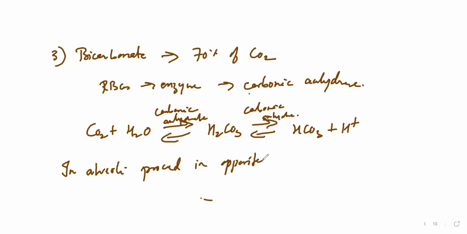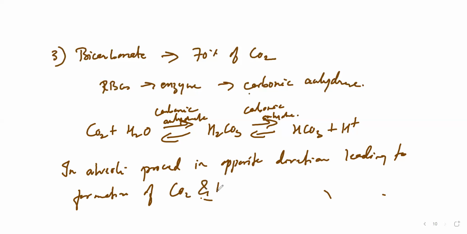That's why two arrows are there. So it will lead to the formation of what? The same thing, CO2 and water, H2O. Okay, so deoxygenated blood carries the three forms: bicarbonate, carbonic acid, and carbaminohemoglobin.